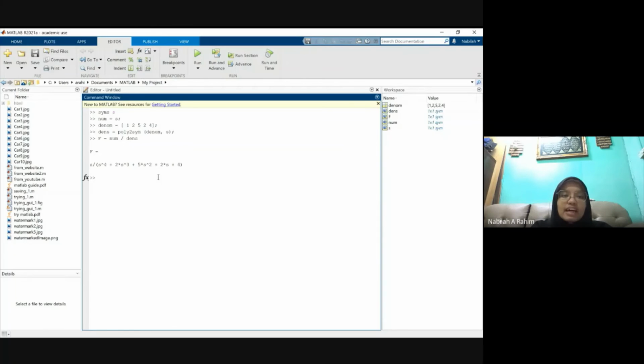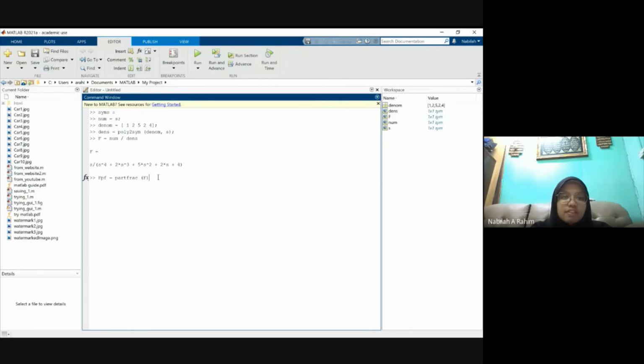And then we need to solve the equation by using partial fraction. So fpf equals partial fraction of f.